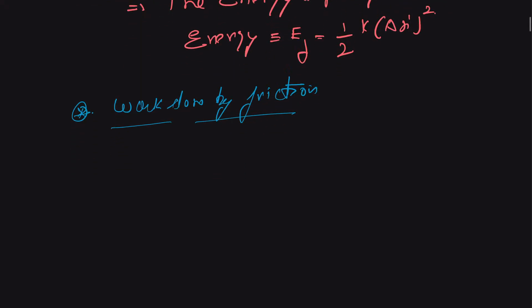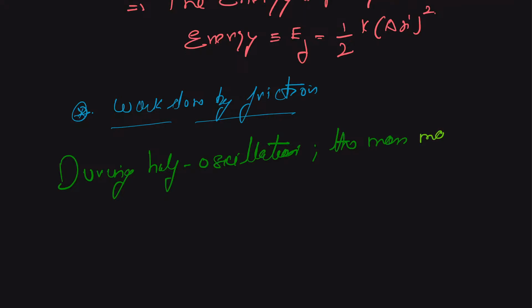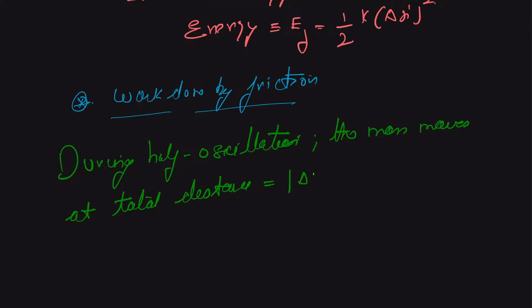So we can say during half oscillation, the mass moves a total distance, and for the total distance we are only interested in the magnitude, we are not going to consider the sign, so that's why we can write this in terms of delta x plus delta x prime.